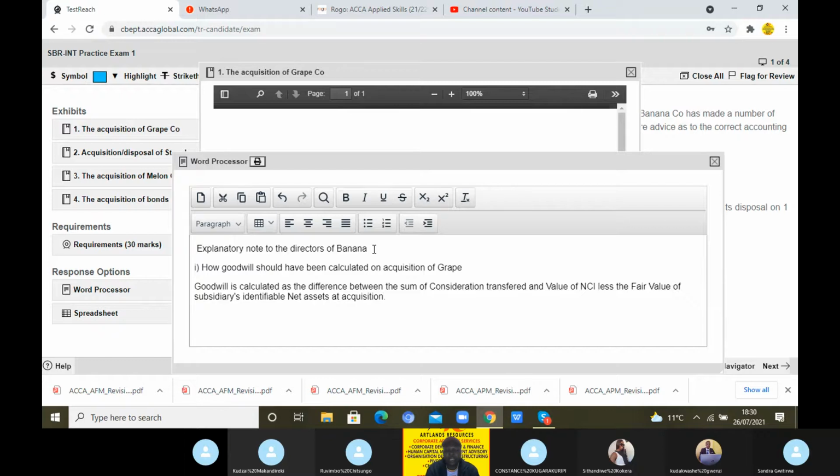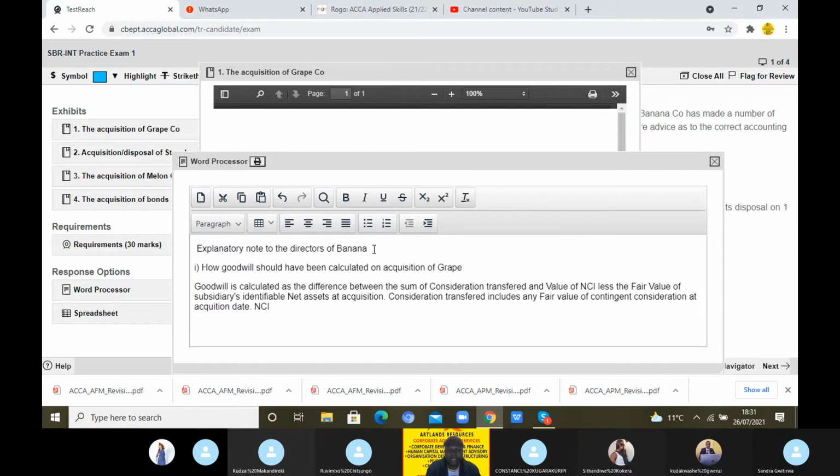You get that, and then you say consideration transferred includes any fair value of contingent consideration at acquisition date.